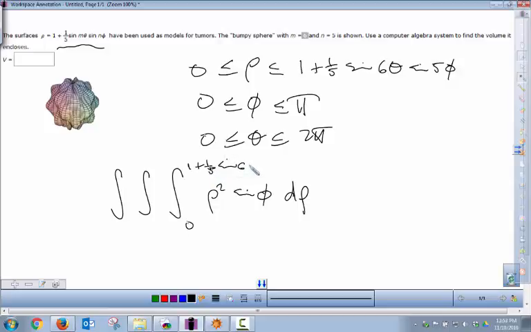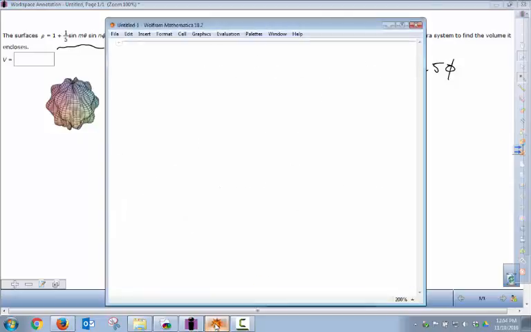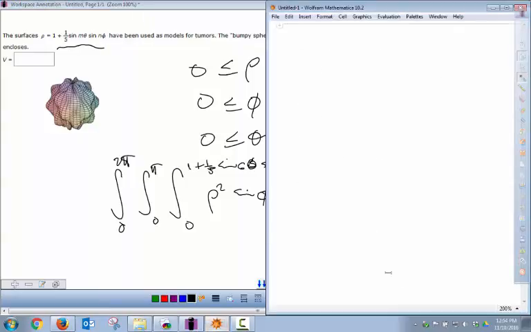So we'll write that down, and then we have constants for the rest. Now we can take out our Mathematica and do our integral.